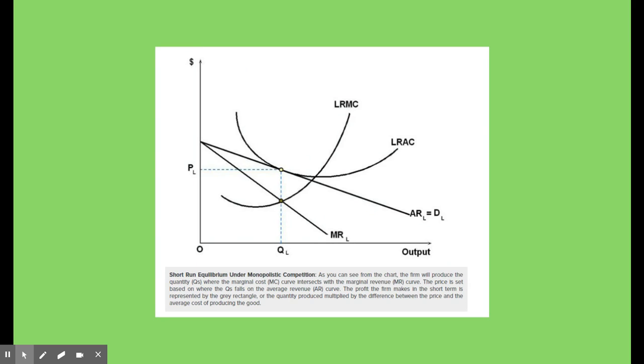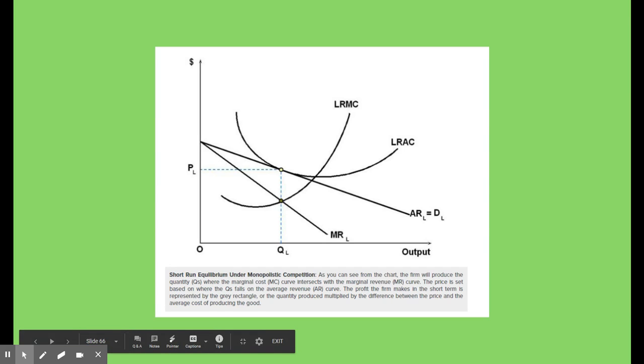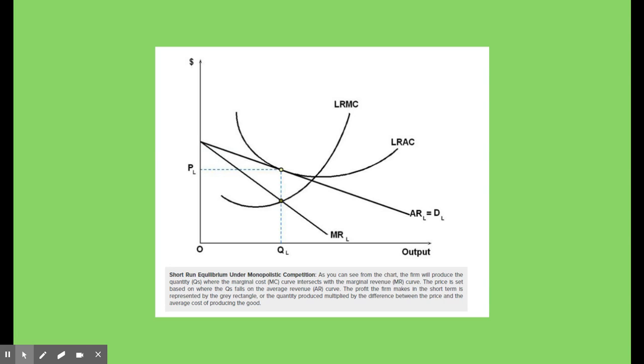The short-run equilibrium under monopolistic competition. As you can see from the chart, the firm will produce the quantity supply, which is QS, and where the marginal cost curve intersects the marginal revenue curve. So marginal cost and marginal revenue.